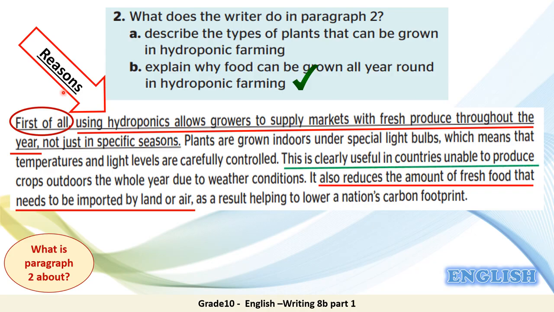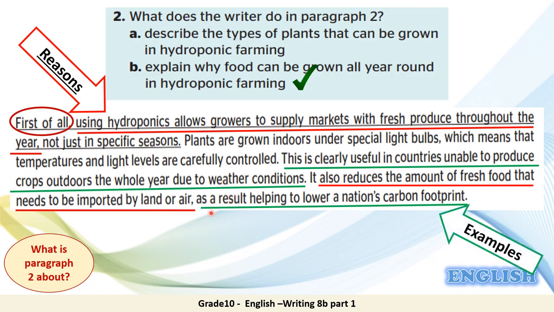How about the green sentences? Let's look at them, read them, and try to figure out. Let's look at the keyword. We have here, this is clearly useful. What else? As a result.